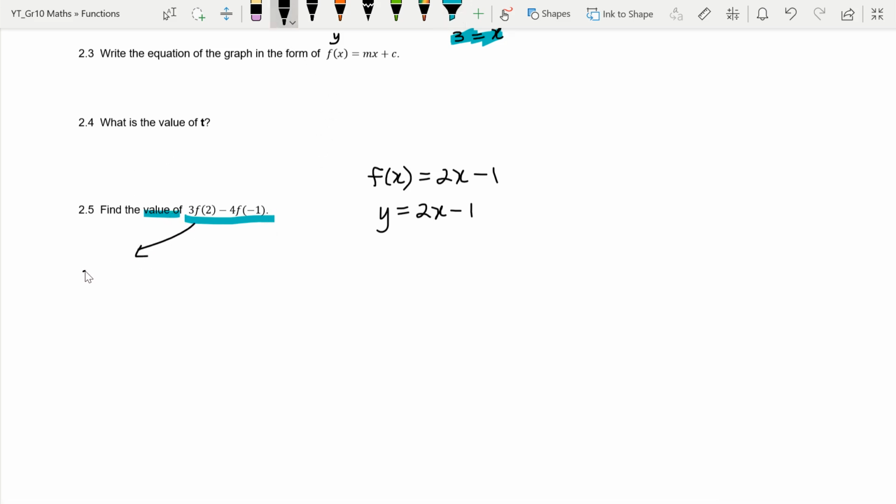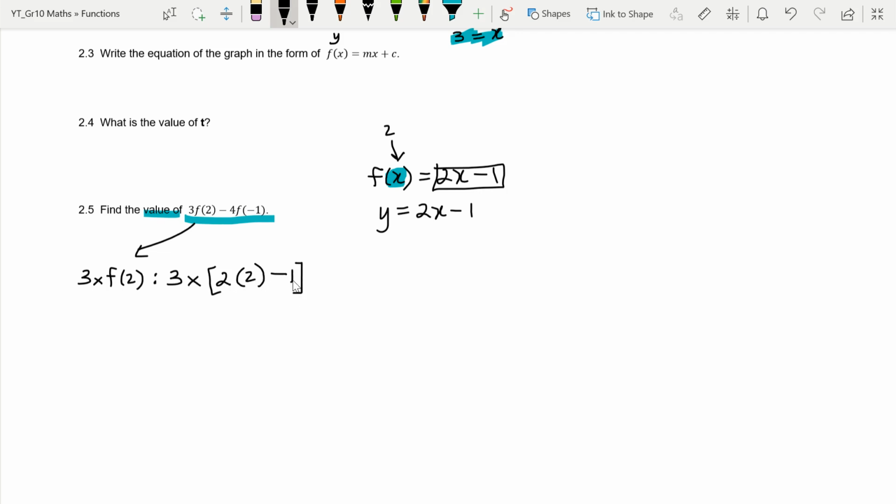Now, that looks like a lot, but let's just break it up. So if we have 3, that means times. 3 times, and then f of 2. Well, surely that means in the place of f of x, wherever we see an x, we just need to put in a 2. So what is that going to look like? It's going to be 3 times and then into our f of x, wherever we see an x, we are going to plug in a 2.